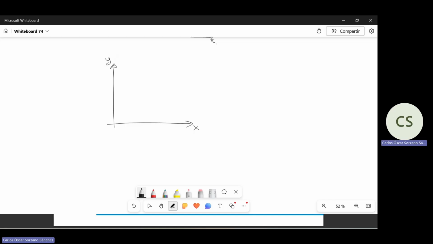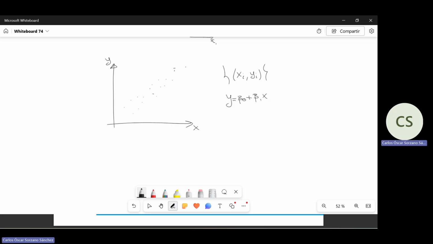The x values are not vectors, just the scalars that we find. And then I say y is beta 0 plus beta 1 x.